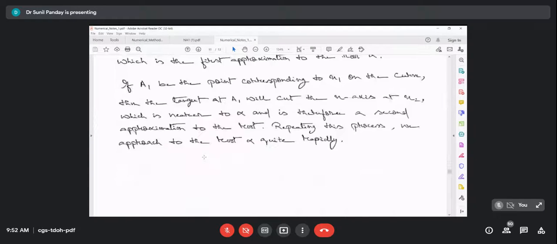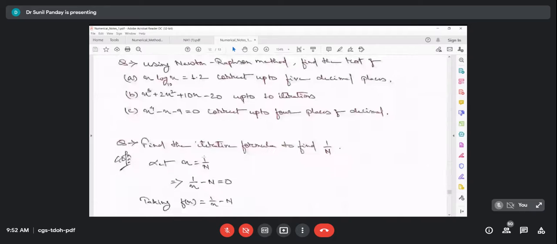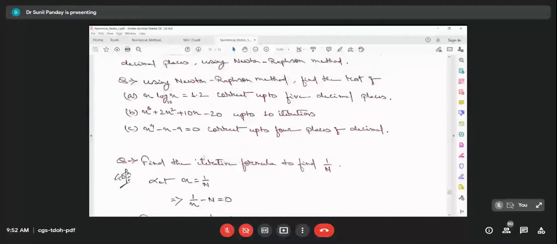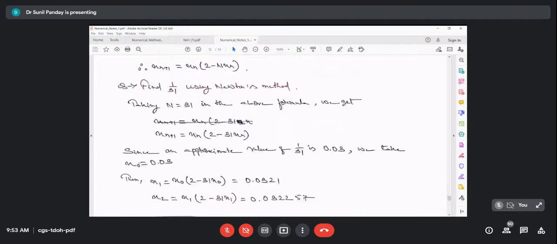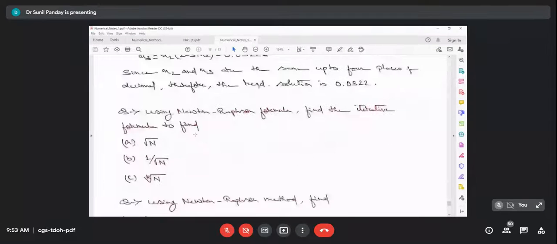Then for the Newton-Raphson method, the assignment is again A and C. You use the Newton-Raphson method to solve problem A and problem C, which are given at the end of the Newton-Raphson discussion, and also this one.